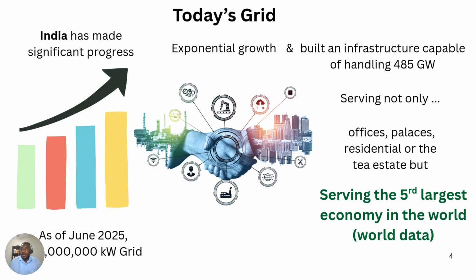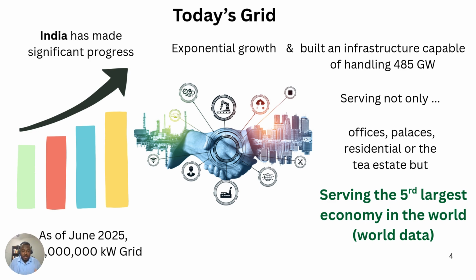So in today's power grid, how does it look in India? India started with 130 kilowatts, but today India has made significant progress. There has been exponential growth and they have been able to build an infrastructure that is capable of handling over 400 gigawatts.